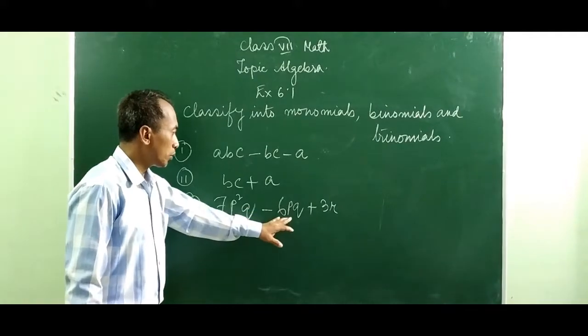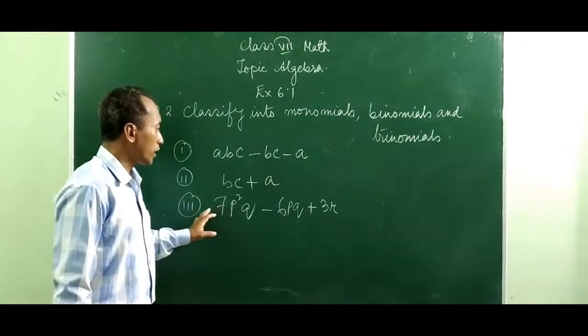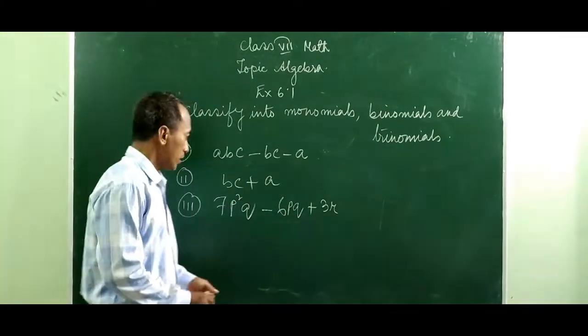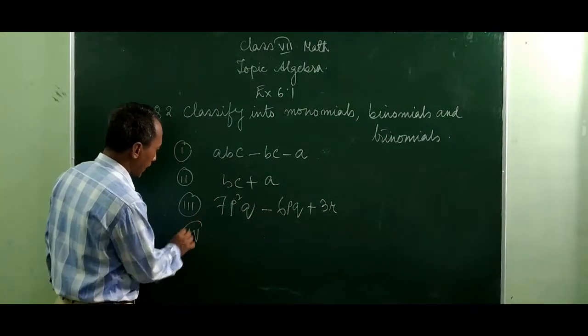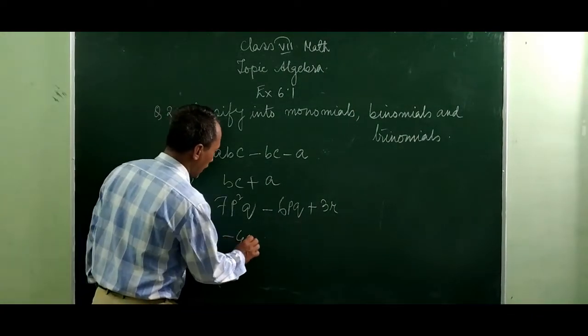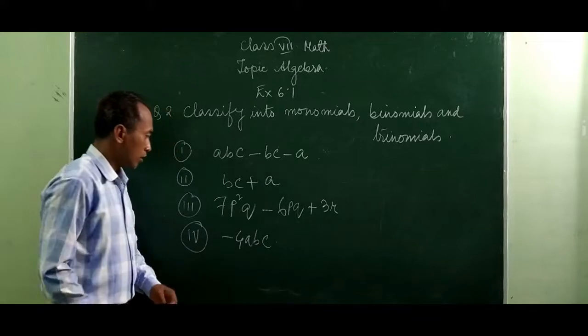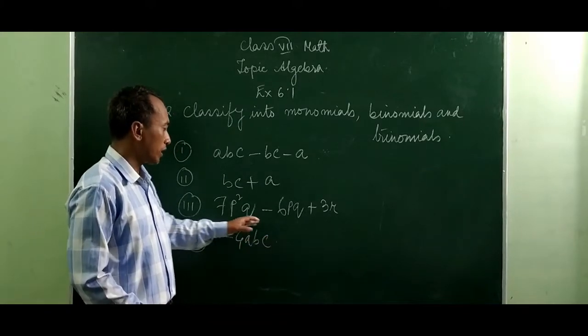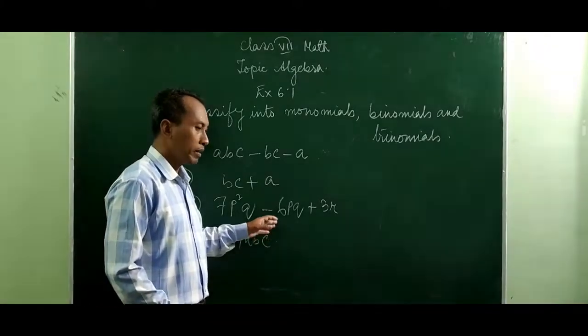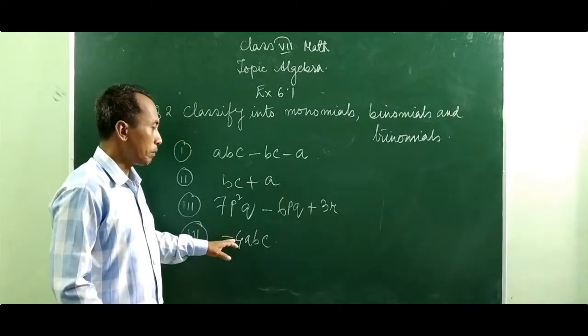One term, two terms, three terms. So it is a trinomial. Suppose in your book it is given minus 4abc. So how many terms are here? Only one term. Since it is one term, it will be monomial.